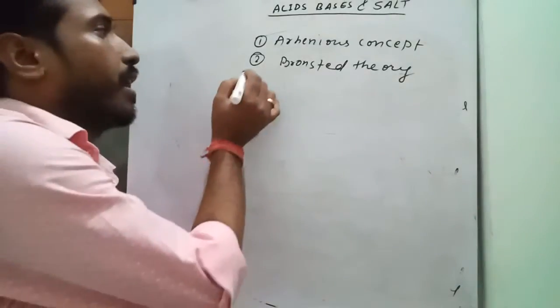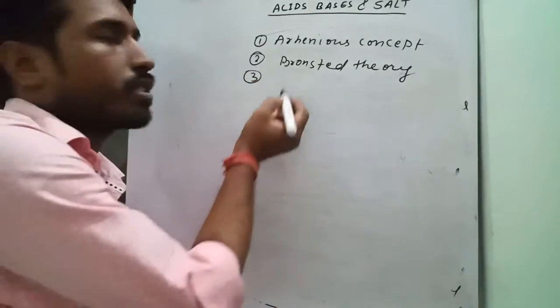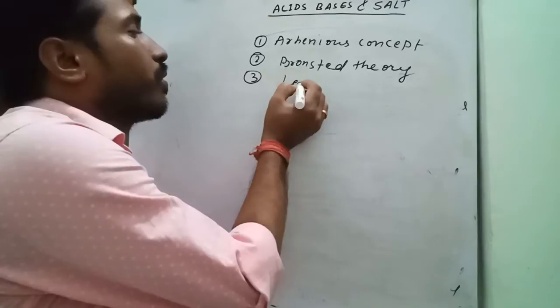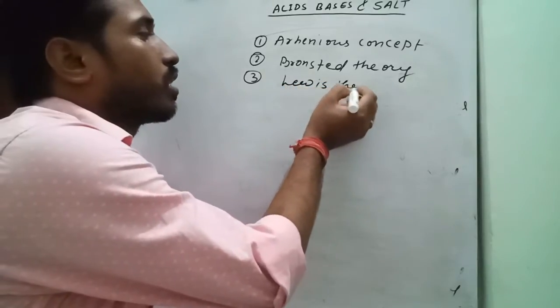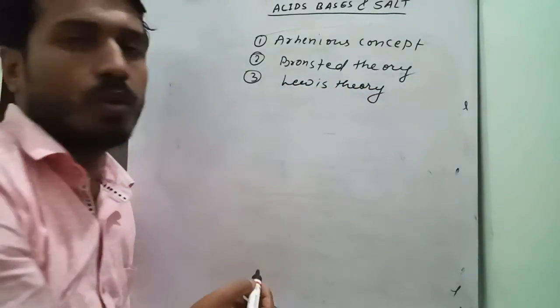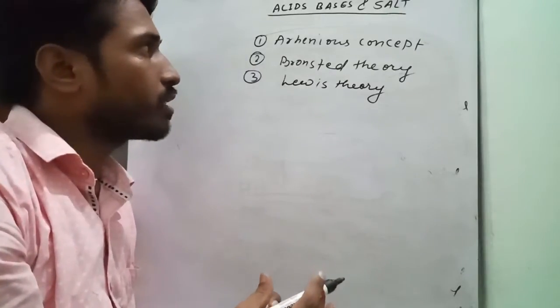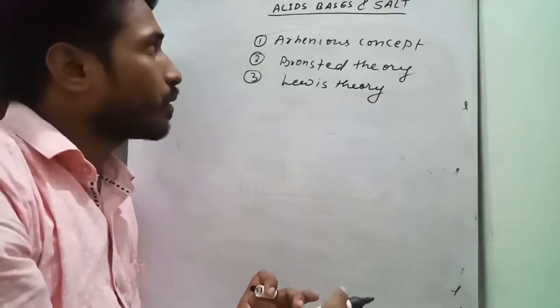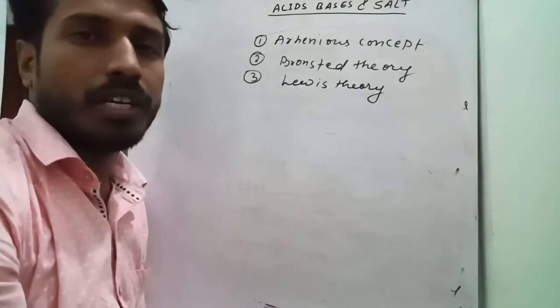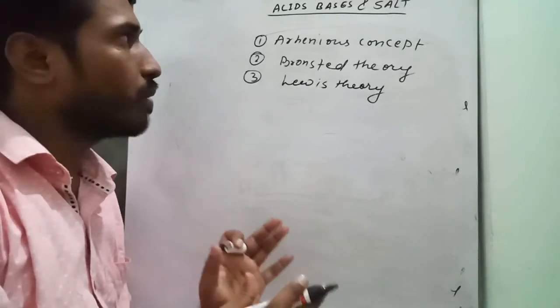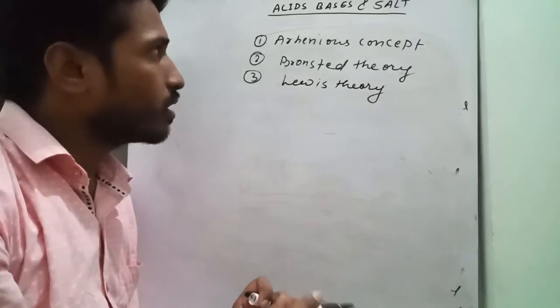And third, I will discuss the Lewis theory of acid and base. Three theories I will discuss here, and in this lecture I will discuss the types of acid as well. So this will be the topic for this lecture.